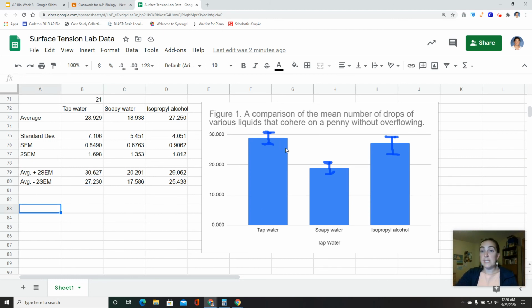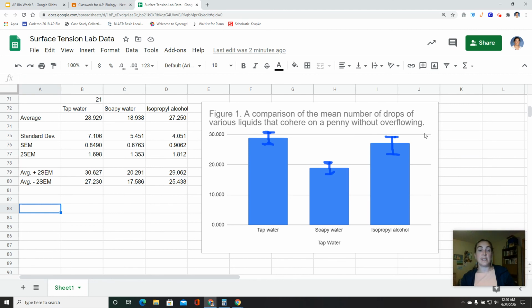Hopefully you noticed that the alcohol is not significantly different from the tap water because those error bars overlap. You can see that in the numbers here. The bottom of the tap water is at 27. The top of the alcohol is at 29. So those definitely overlap each other.